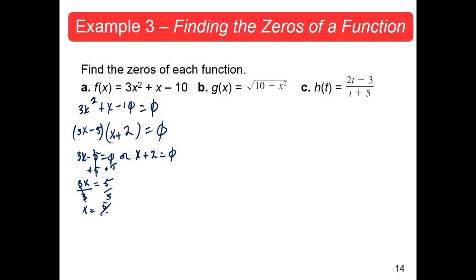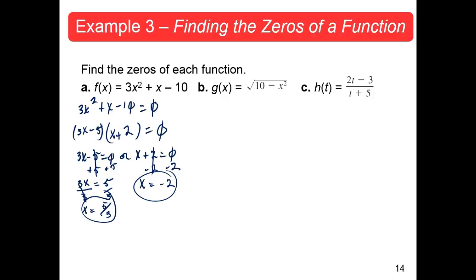Is that legal? Can you have a zero that's a fraction? Of course. You can have an irrational number, positive, negative, it doesn't matter. Some real number value for x. That's one. How about the second one? Subtract 2 from both sides, and you get x is equal to negative 2. There are our two suggested solutions.